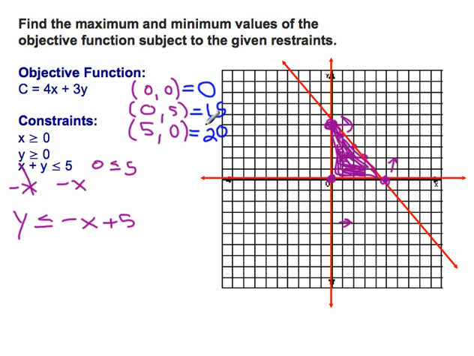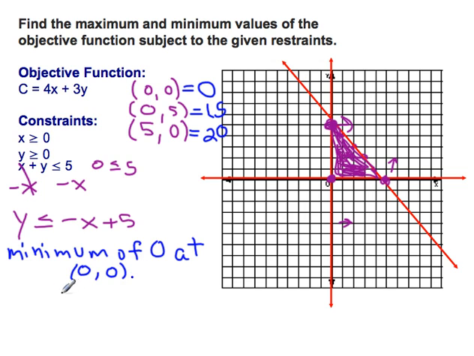So now what I would say is we have a minimum, so we'd write this out. There is a minimum of 0, because that's the minimum value out of these three. There is a minimum of 0 at the point 0, 0.